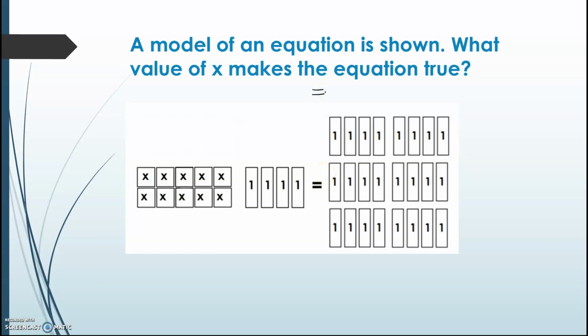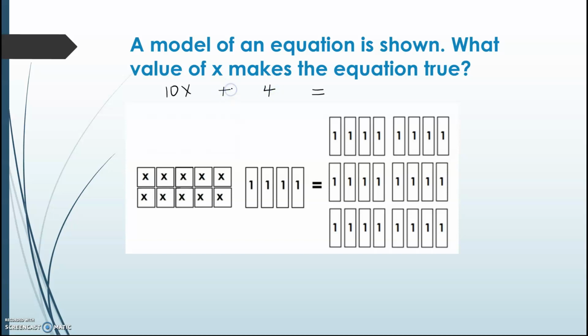And to the left of it, we have some boxes that say x. So this is how many x's we have. 1, 2, 3, 4, 5, 6, 7, 8, 9, 10. So we have 10x, and then we have 1, 2, 3, 4, so 4 ones.